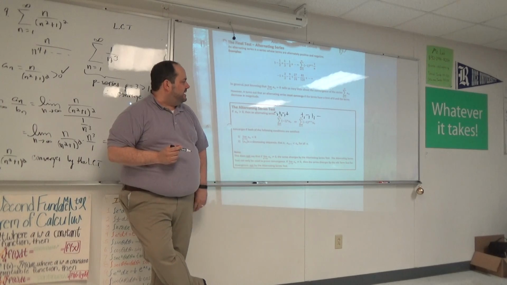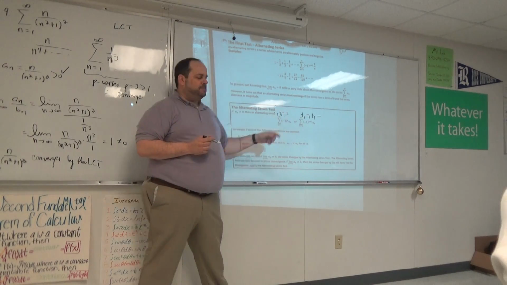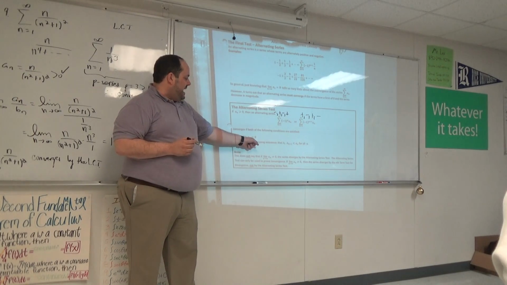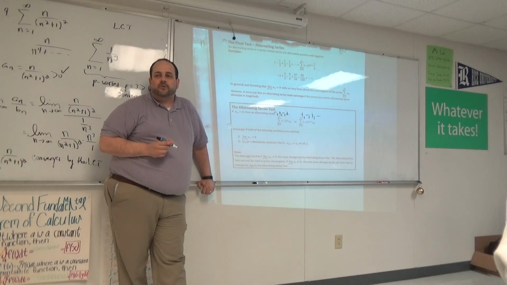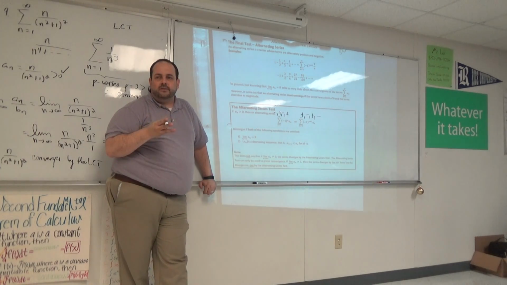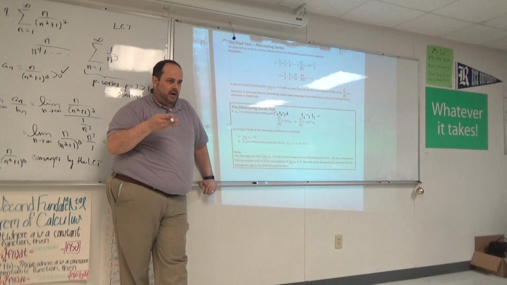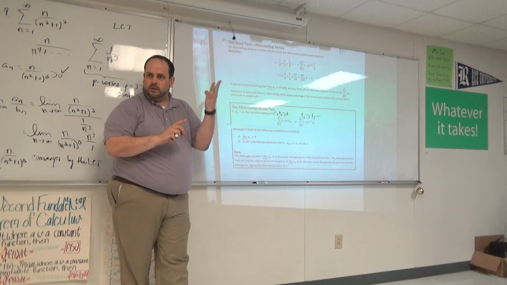Here in the world of the alternating series test, if your series goes minus plus minus plus or plus minus plus minus, you need the nth term to approach 0 and you need the sequence to be decreasing. If you have all 3, then your series will converge by the alternating series test. So these are the 3 conditions. What are the 3?